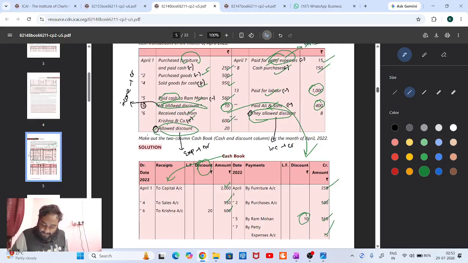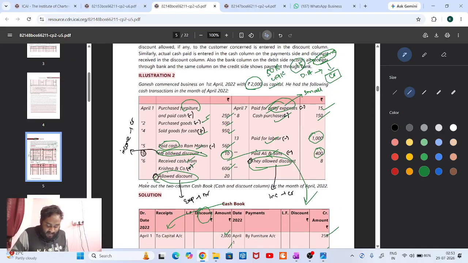Then, allowed discount, received cash and allowed discount. Just reverse the entry. I sold you a laptop. The value of the laptop is 50,000. Instead of 50,000, you paid me 49,000. So I allowed you discount.